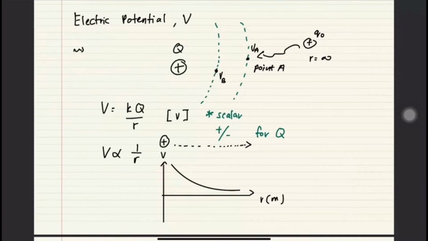So for a positive charge, V decreases as it goes further from the charge. But if you have a negative charge at the center, you have a negative V. Right? Here it becomes negative, so the whole thing becomes negative, and the graph is actually on the lower side.